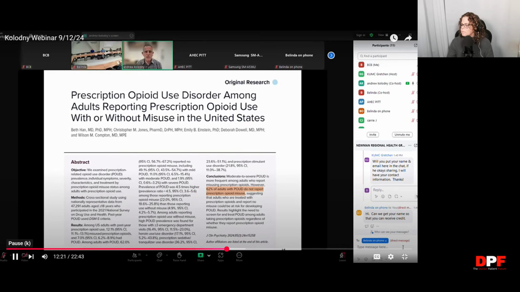I just want you to think about that for a second, because for many years we were told to think of the patient who's on opioids who might have opioid use disorder as being a small subset of the patients who misuse, who don't take as prescribed, that a subset of the misusers have opioid use disorder.